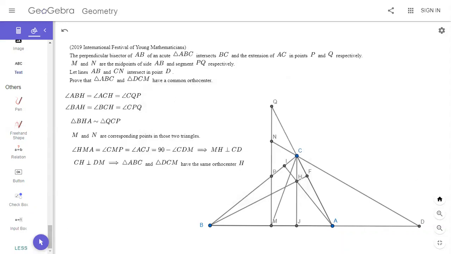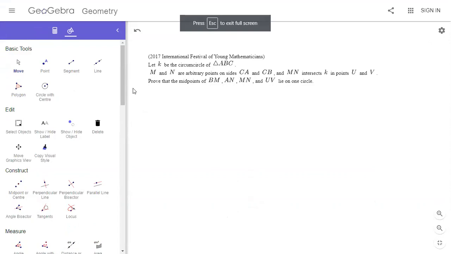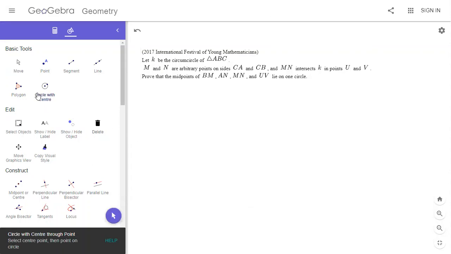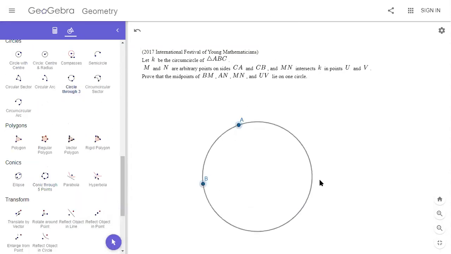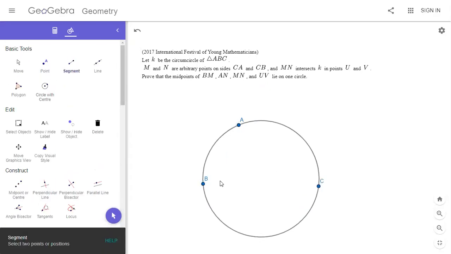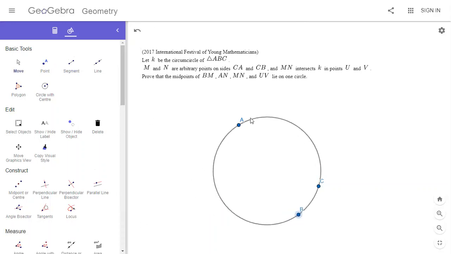Thanks for that solution. Okay, this one was interesting. So K is the circumcircle of a triangle ABC. M and N are arbitrary points on CA and CB.